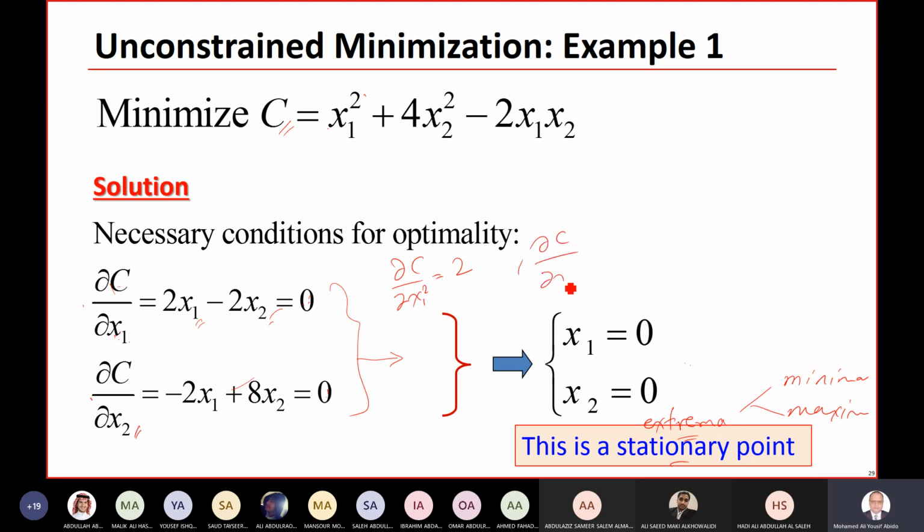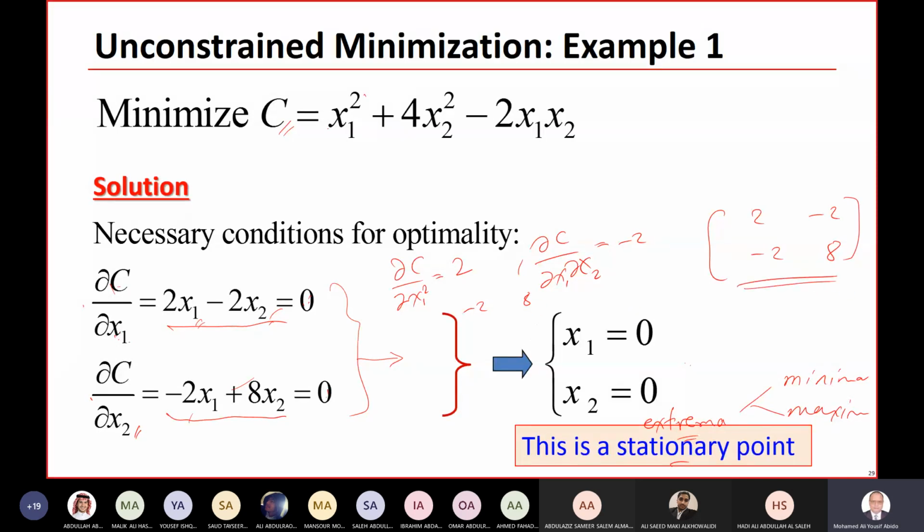Partial C by partial x1 partial x2. Can you take the derivative of this with respect to x2? So this will be 0 and this will be minus 2. And this one also we take with respect to x1. So it becomes minus 2 and this is 0. And with respect to x2 again, this will be 0 and this will be 8. So the Hessian matrix now is 2, minus 2, and minus 2, and 8.